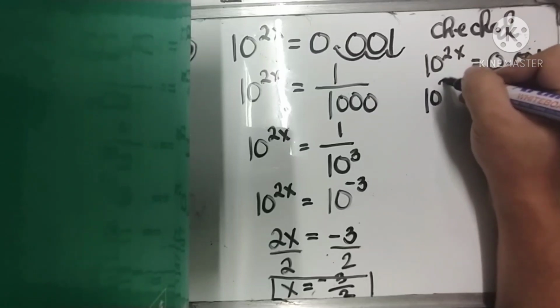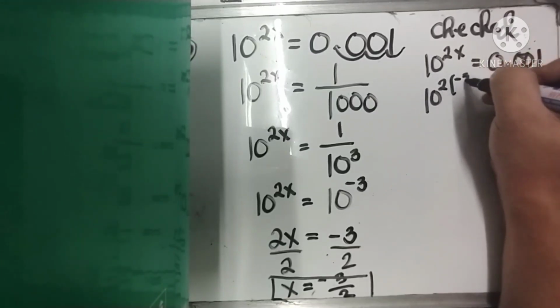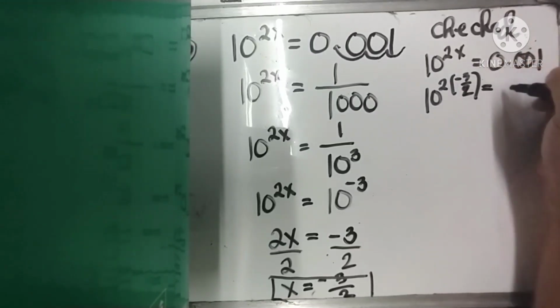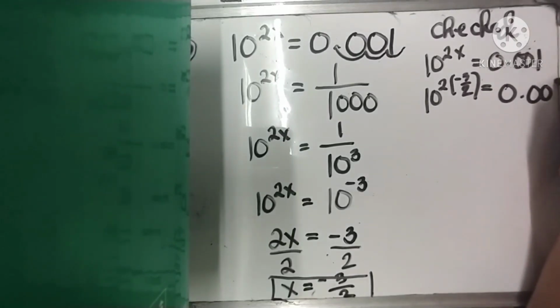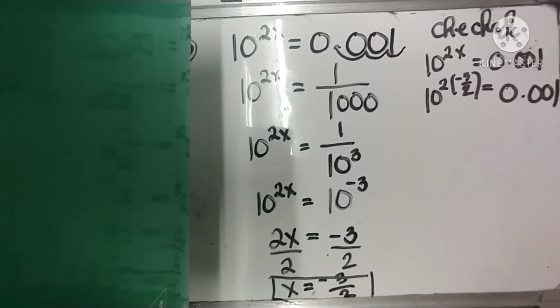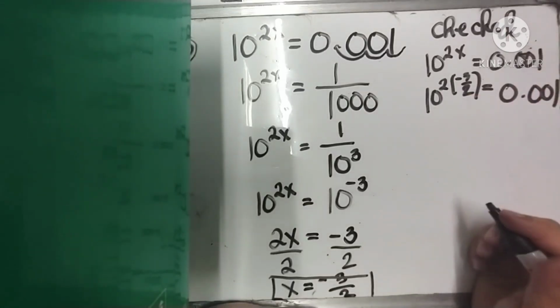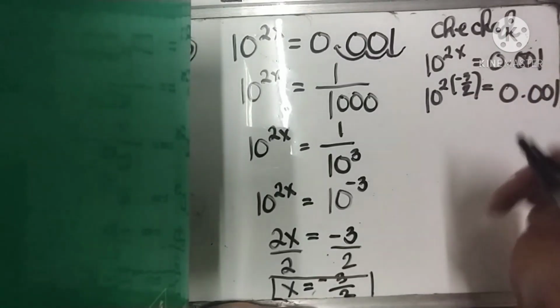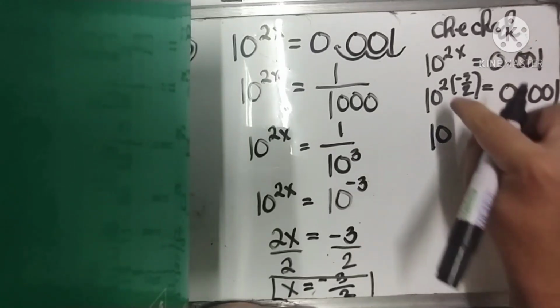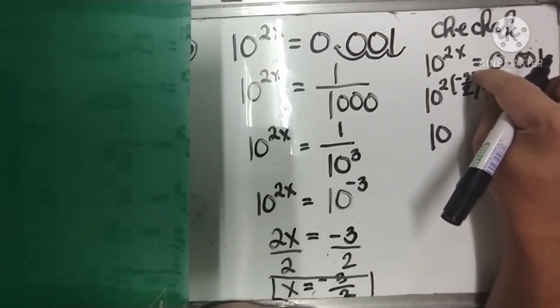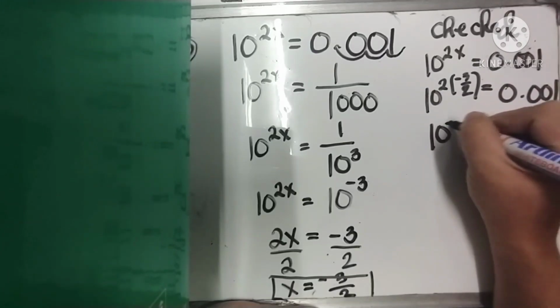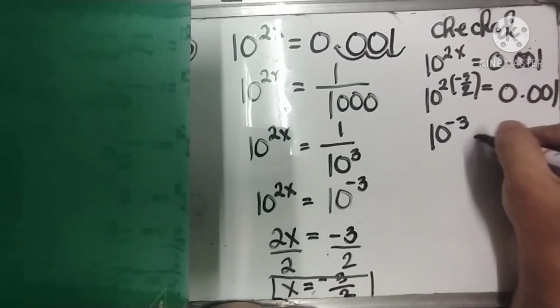So 10 to the power of 2 times negative 3 halves is equal to 0.001. Now we need to simplify the exponent. So 10 to the power of 2 times negative 3, that is negative 6, divided by 2 is negative 3, is equal to 0.001.